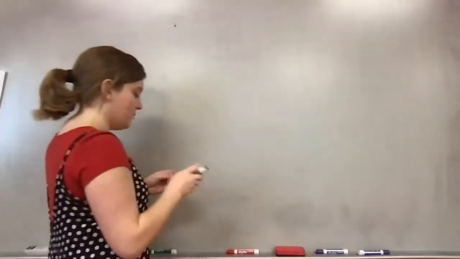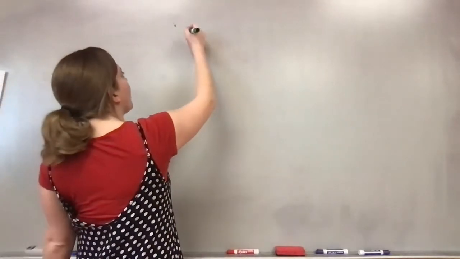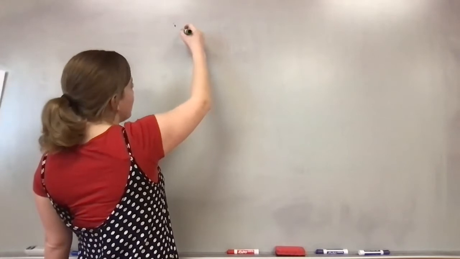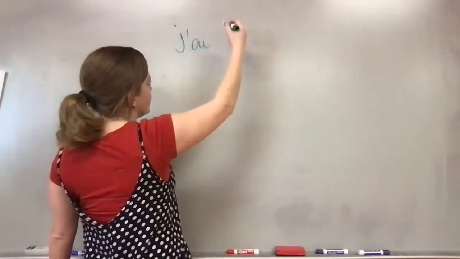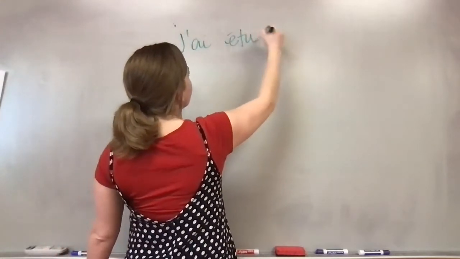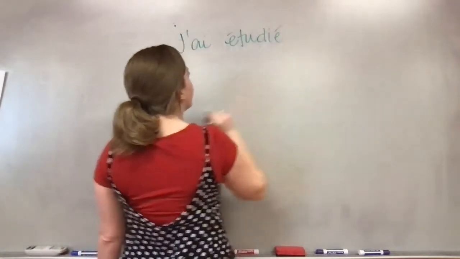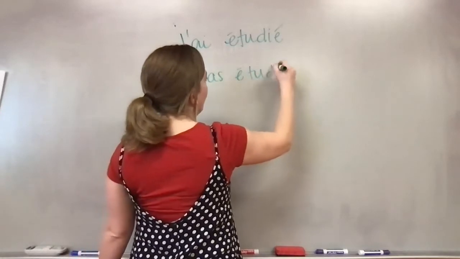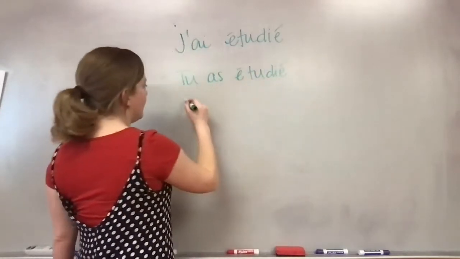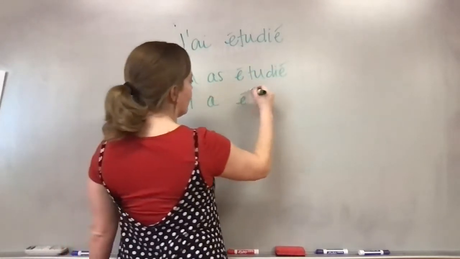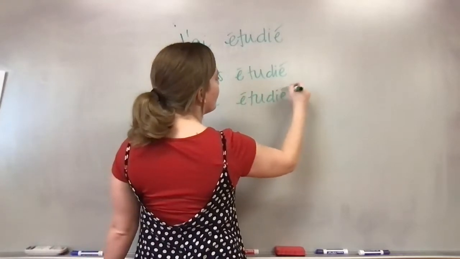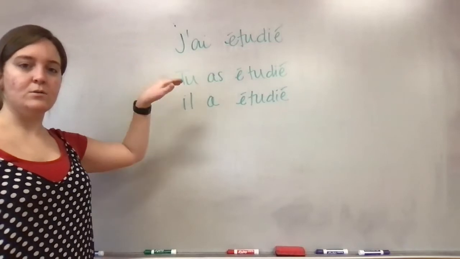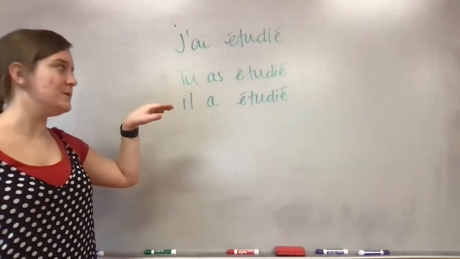All right, so now for some examples. Let's start using the same past participle and we'll conjugate it out with a couple different subjects. All right, I have j'ai étudié, tu as étudié, il a étudié.